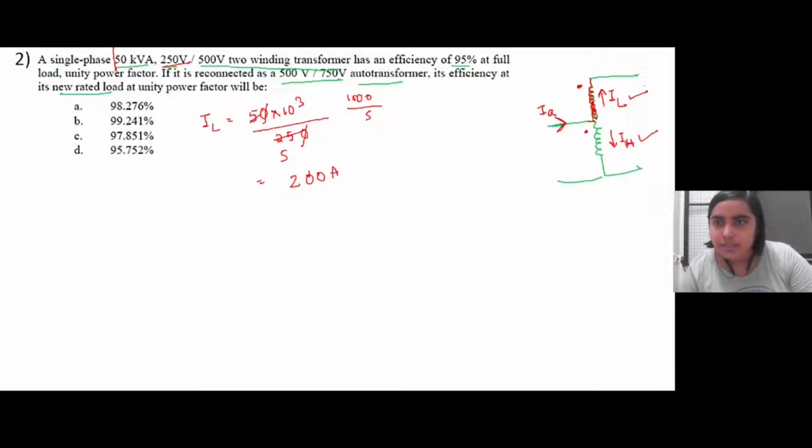So this is equal to 200 ampere. Similarly, in order to calculate the high voltage side current, it will be the rated power divided by 500, right? So it will be 100 ampere.